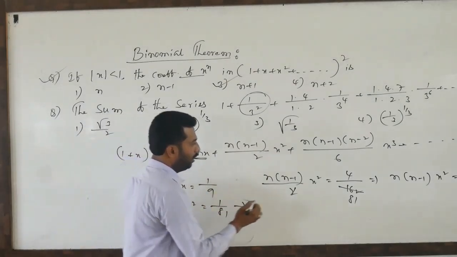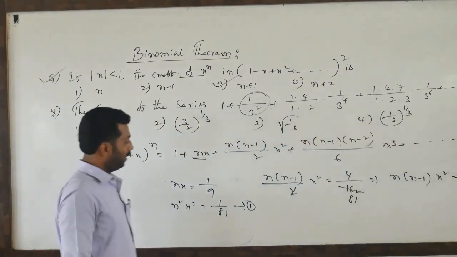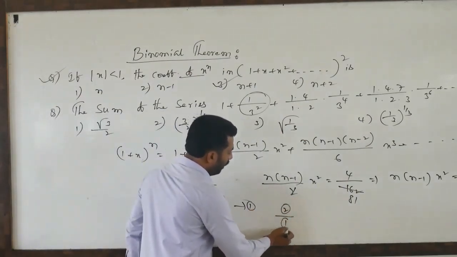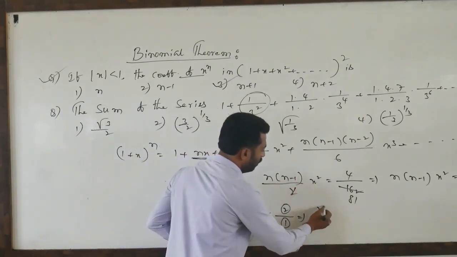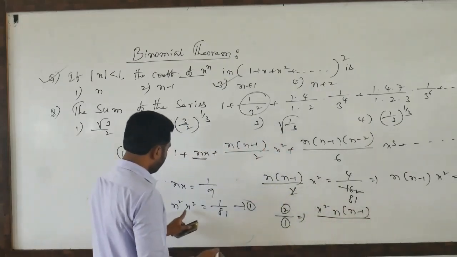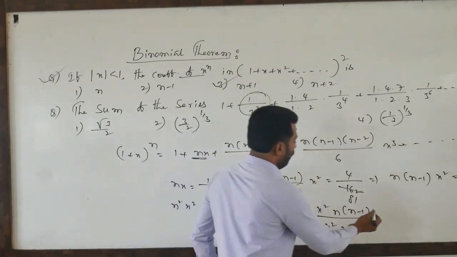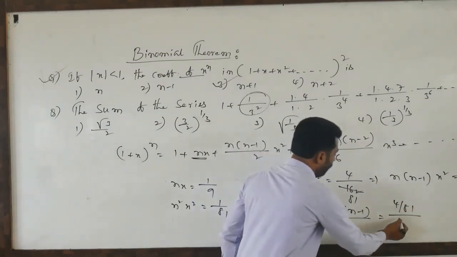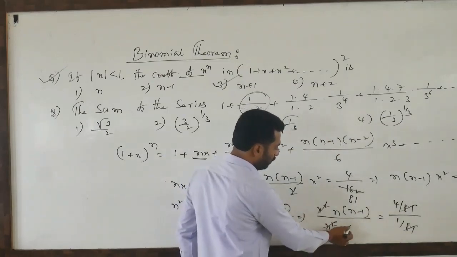Now let it be equation 1, this is equation 2. We have to solve for n and x. Just observe, equation 2 divided by equation 1. Equation 2 means x square into (n minus 1), divided by x square into n. So here 4 divided by 81, here 1 divided by 81. 81 gone, x square gone.